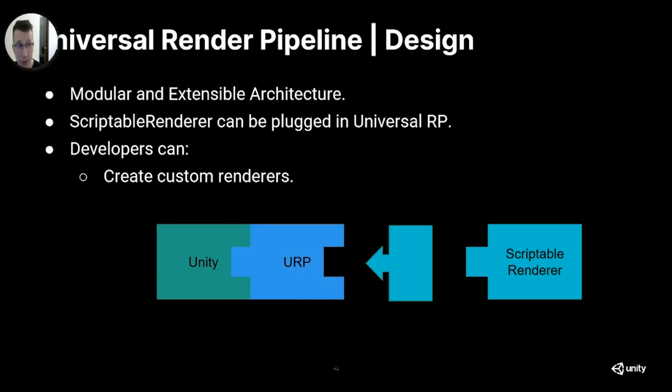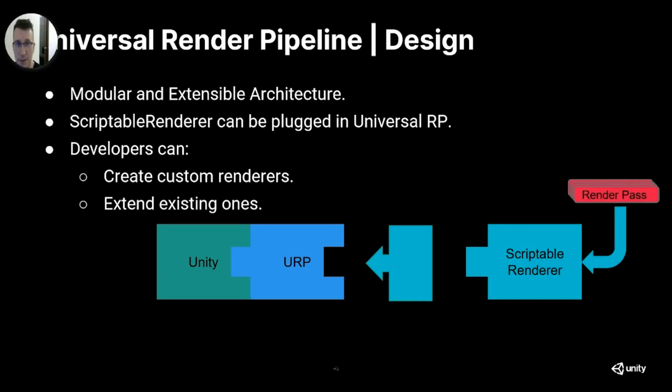A renderer defines what you could call a lighting strategy and supported rendering effects. And all renderers in Universal RP are built on top of this scriptable renderer pass API. Developers can create their own custom renderer and plug it into the URP the same way as URP plugs into Unity.